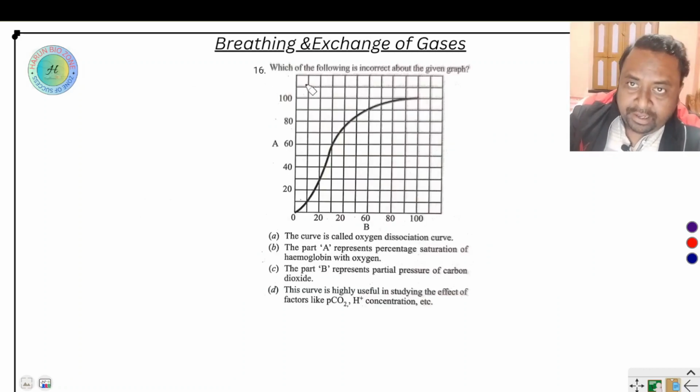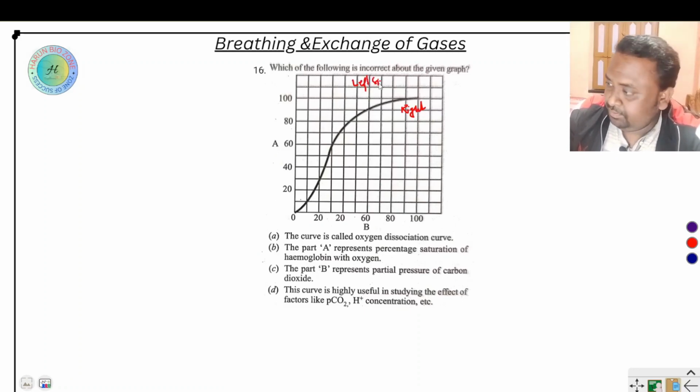Next question. This is the oxygen dissociation curve. This is the left side and this is the right side. On the right side, HbO2 dissociates into hemoglobin plus oxygen, and on the left side, hemoglobin plus oxygen produce HbO2.